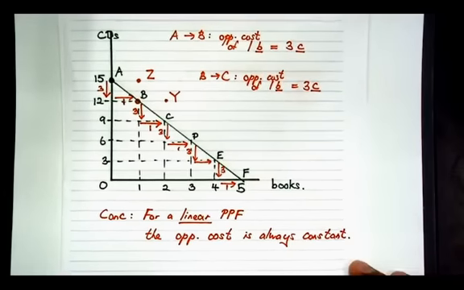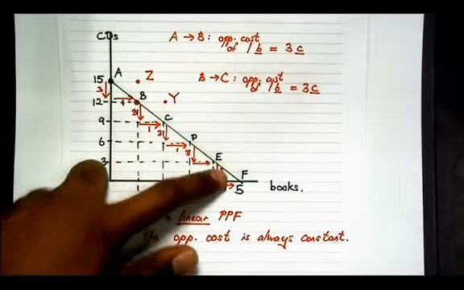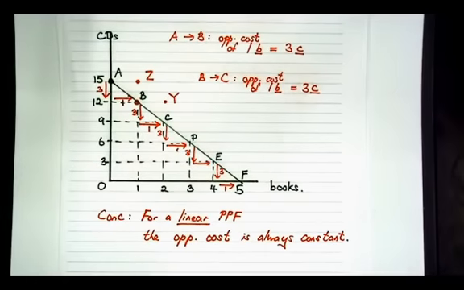If a PPF is linear, the opportunity cost is always the same. The graph is a straight line, so I'm always giving up 3, 3, 3, 3, 3. Is that okay? Say yes.